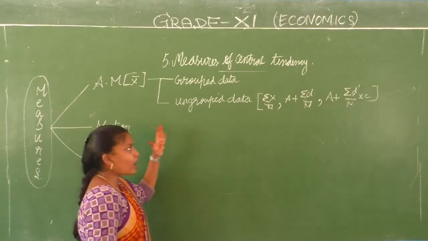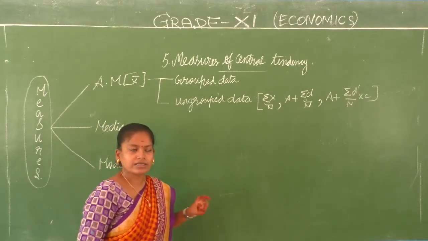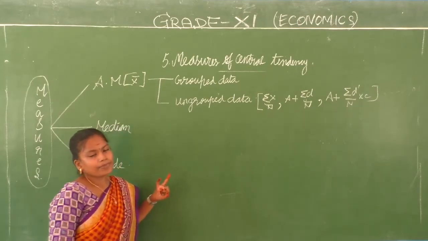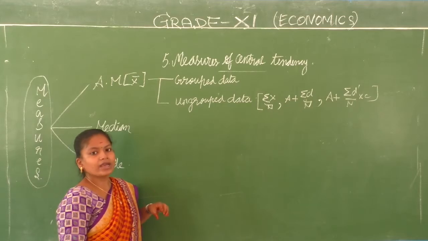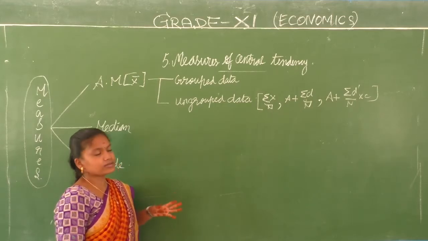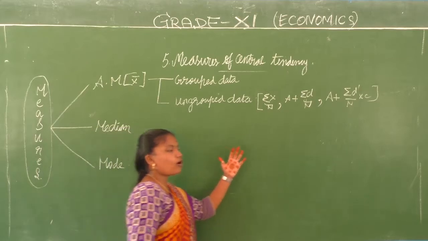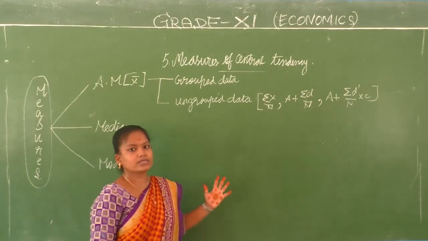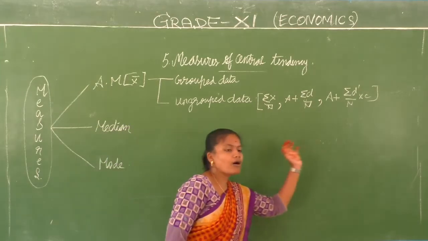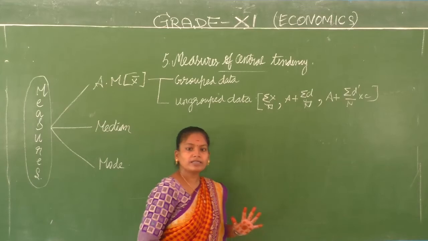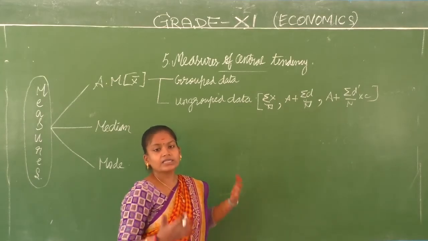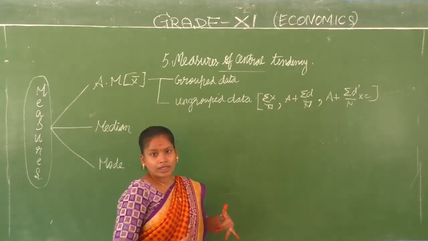Similarly, grouped data also have these three methods: the direct method, the step deviation method and the assumed mean method. There was a change in the grouped method. What was that? Instead of taking the x values, we always multiplied with the frequency. With the d or the d dash, everywhere you always had the f value with it. Right, children?